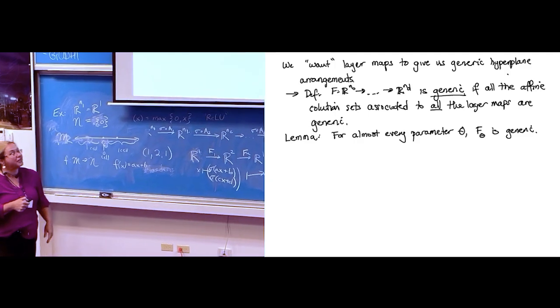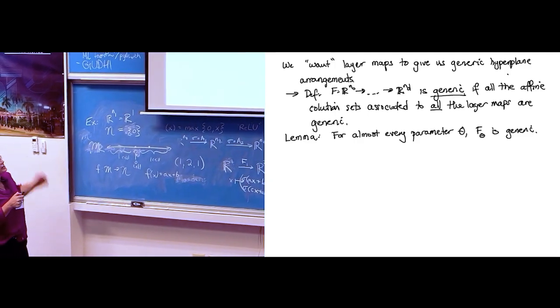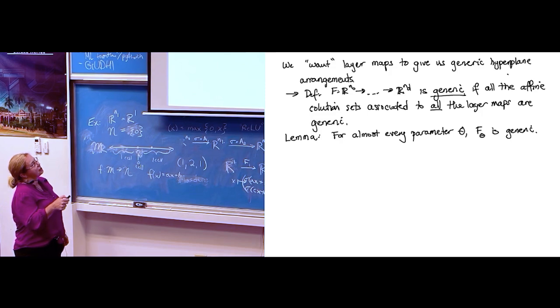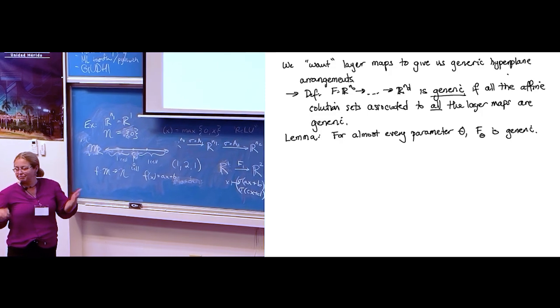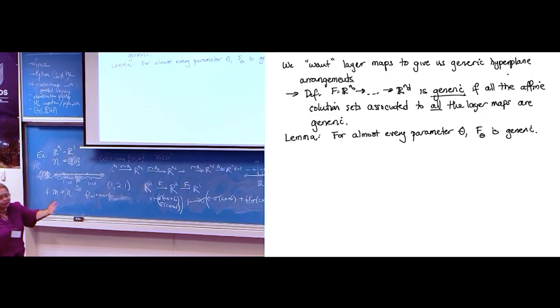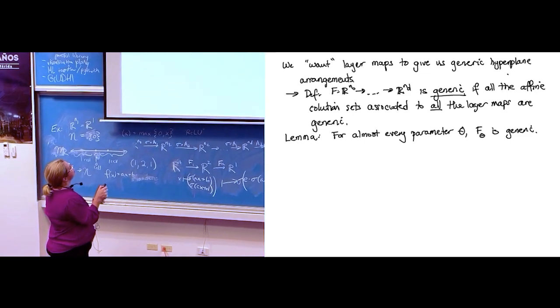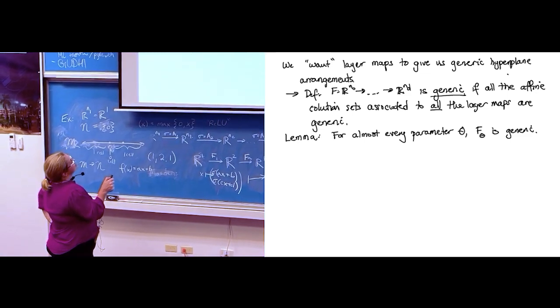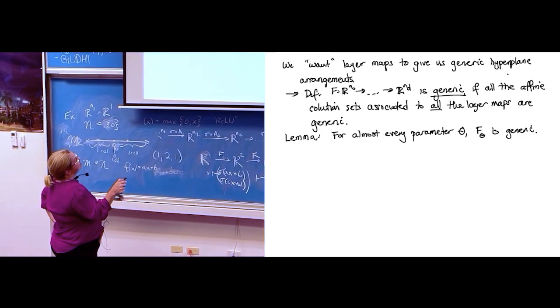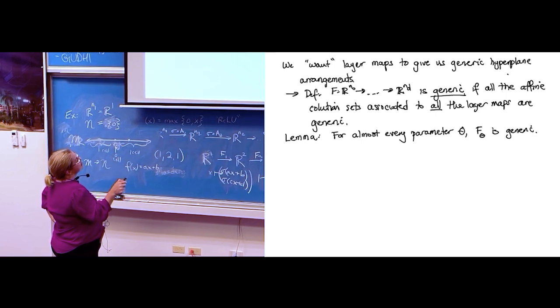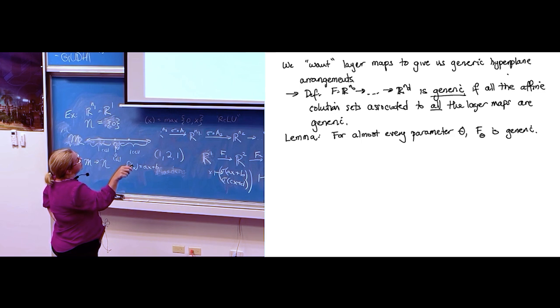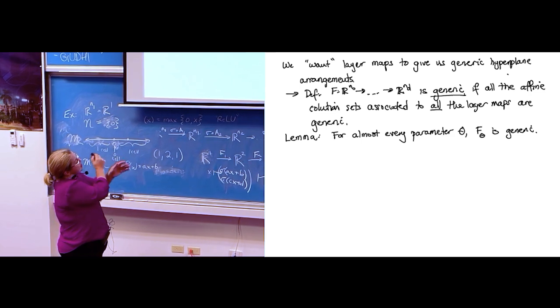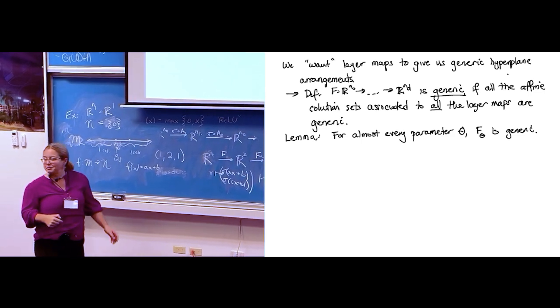Okay. So we want these layer maps to give us generic hyperplane arrangements, because when we want to prove things, that's the setup we want to be in. So we'll form a definition. We'll define one of these neural networks to be generic if for every single layer, the solution set you get is a generic hyperplane arrangement.